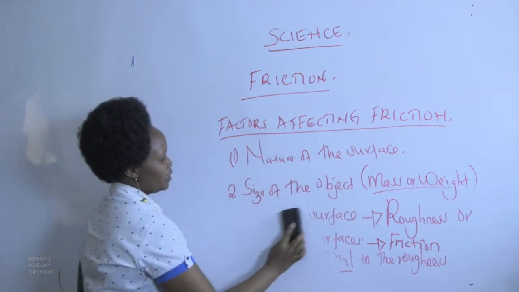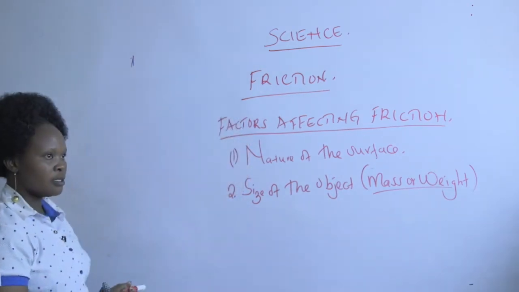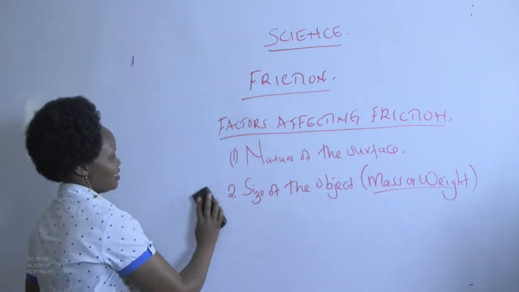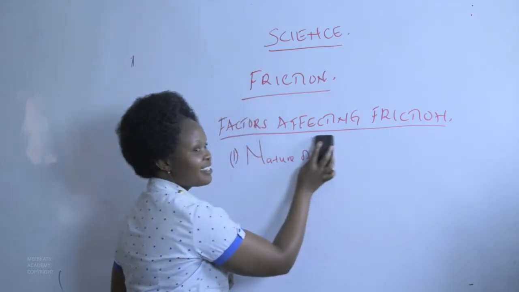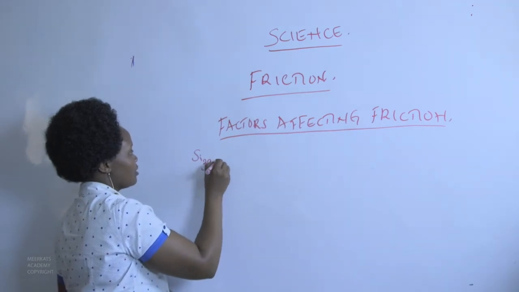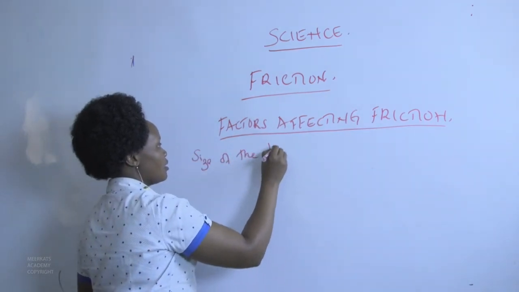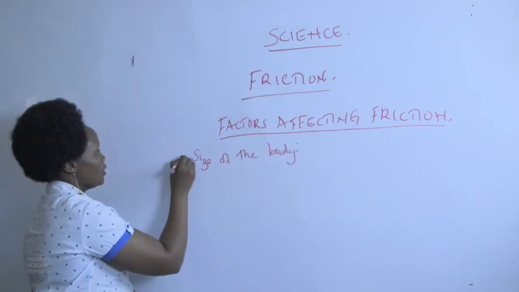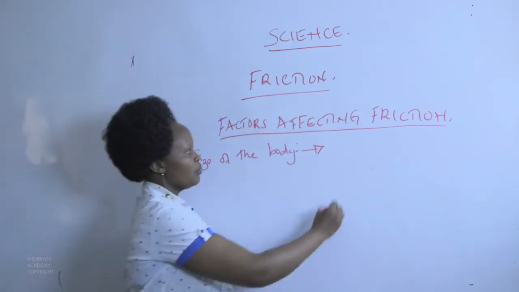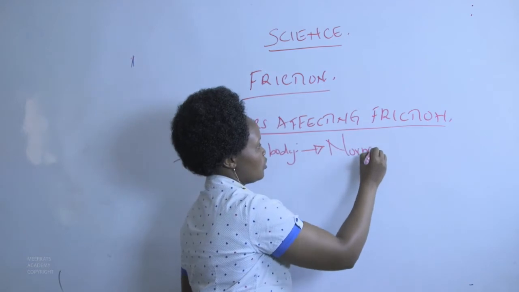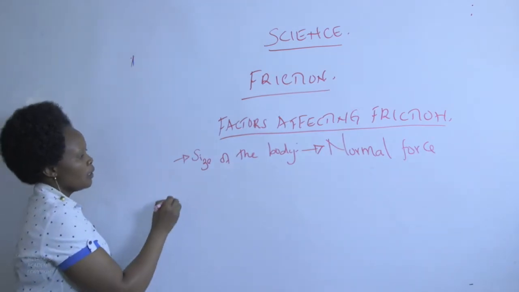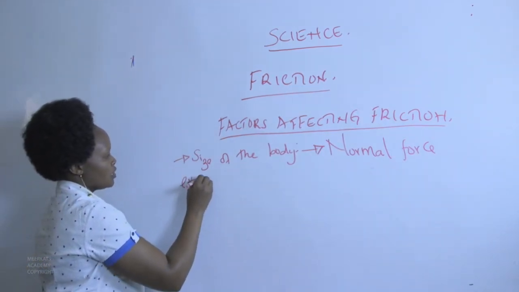Now, how about the size? Number two is the size of the body. And size of the body gives us an idea on the normal force that we expect the body to exert.